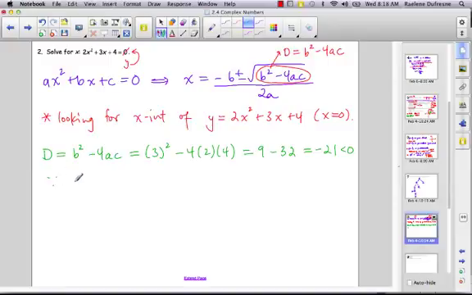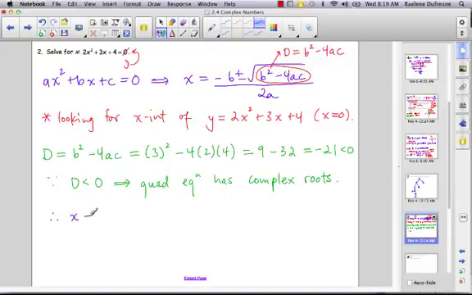Because the discriminant is less than 0, the quadratic equation has complex roots, or complex solutions. So let's go ahead and use the quadratic formula then, because we won't be able to factor with the negative here. And we can put the negative 23 directly under the square root sign.